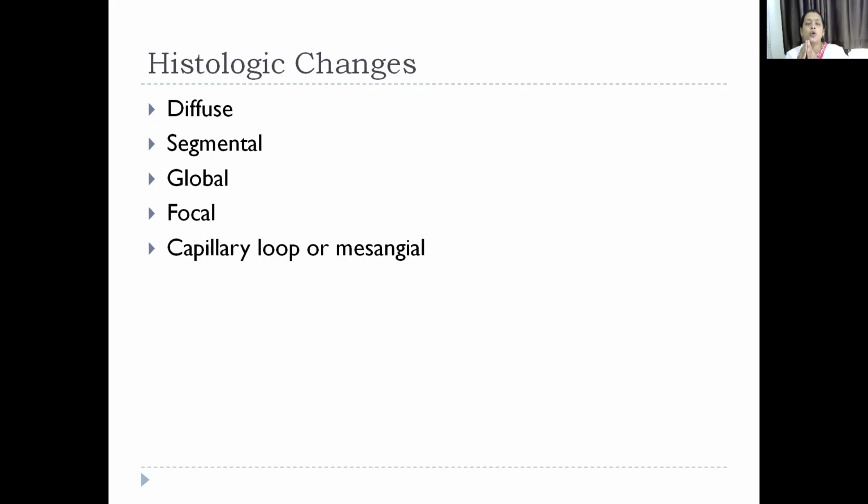I will call it global when I look at one glomerulus and the complete glomerulus is affected. I will call it focal when I look at the whole kidney and see a fraction or a part, something like upper, lower, middle, a focal part of the glomeruli involved. These terminologies are important to understand how they have termed the glomerular disease.